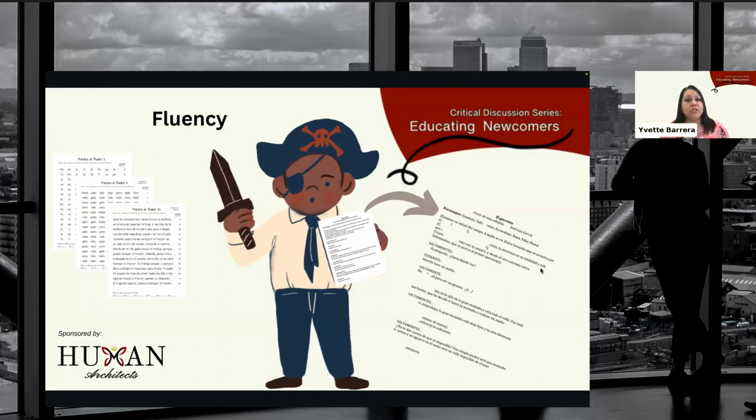So I encourage you guys to work on fluency practice. It's great for every single grade level, not just for new arrivals, but for everybody. And Reader's Theater, I don't want to dismiss Reader's Theater, because I do feel it is a great tool. It gives the kids a chance to interact, work together as a team and just play and have fun.